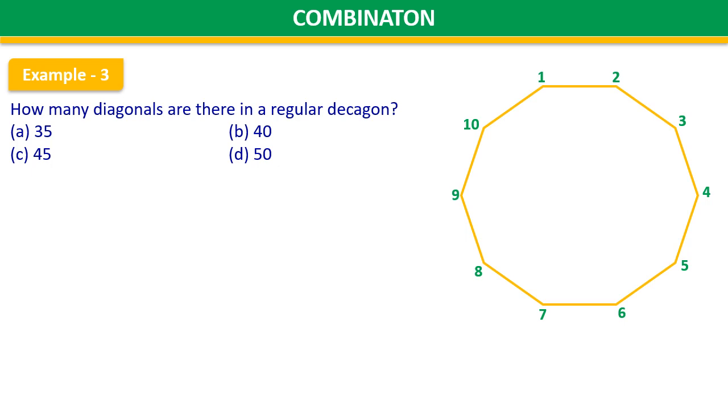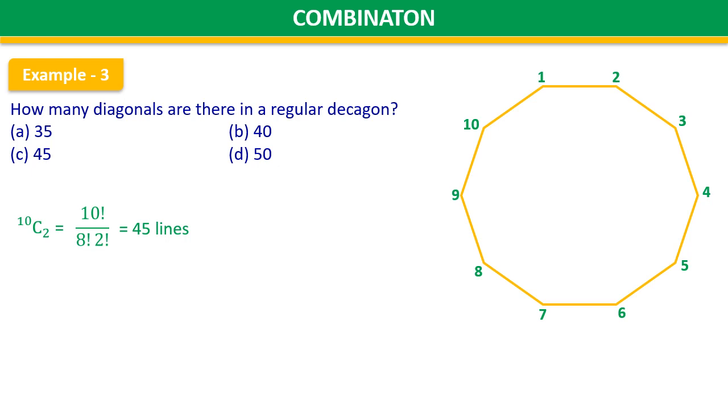So the number of ways in which I can select any 2 vertices out of 10 can be given as 10C2. What is 10C2? It is equal to 10 factorial divided by 8 factorial into 2 factorial. If we solve this, it comes out to be 45 lines.